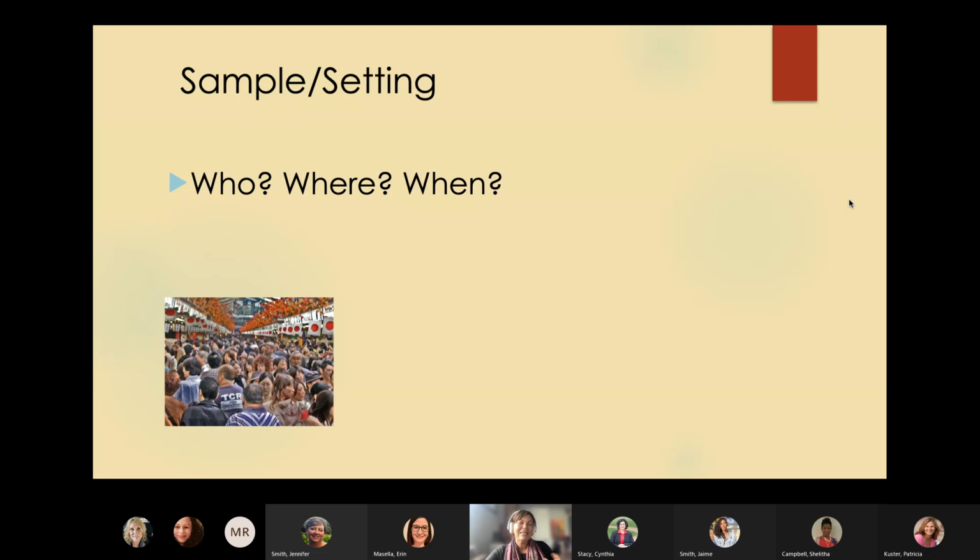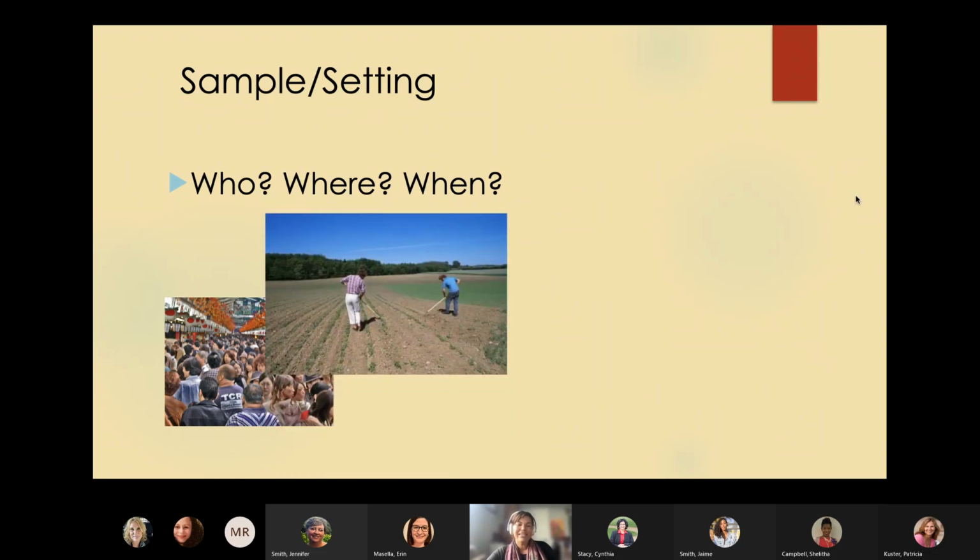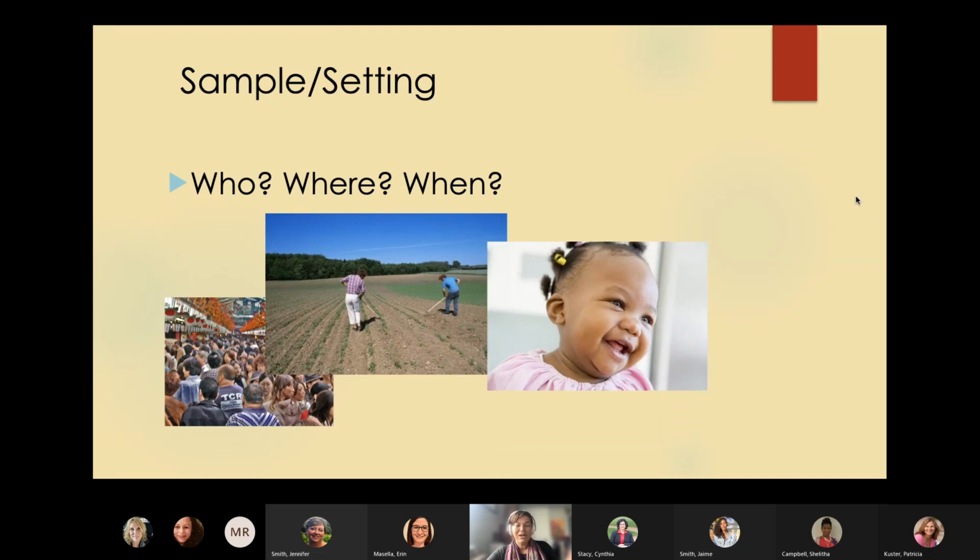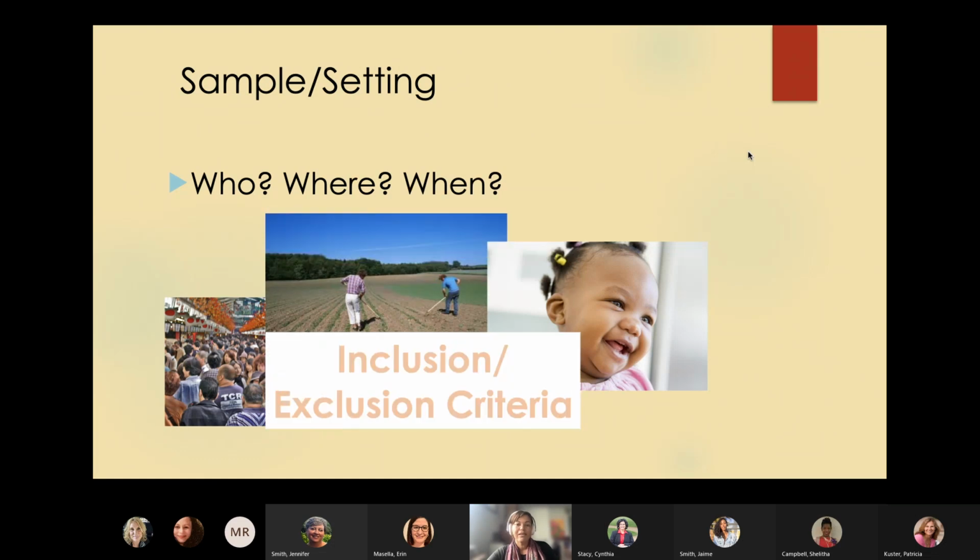And is it similar enough that I can still use it to make my argument, right? So if I'm looking at diabetes interventions, is it in mainland China? Is it in rural Denmark? Is it with American children, right? I need to know whether or not this is going to work for me, because there are some things that work in other unique, smaller populations that are just not translatable to Oakland, for example.